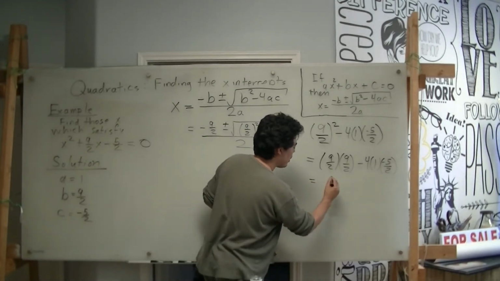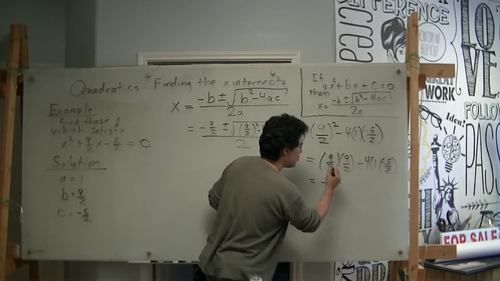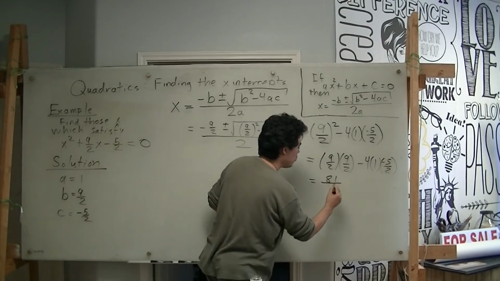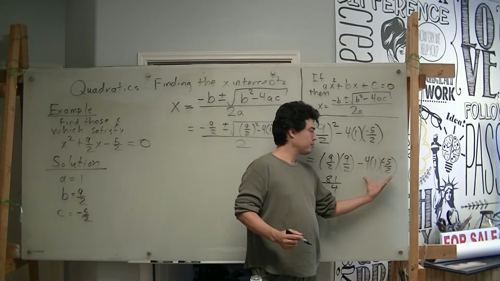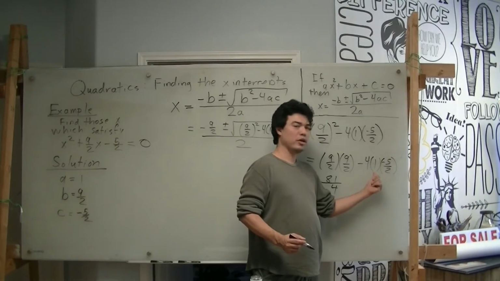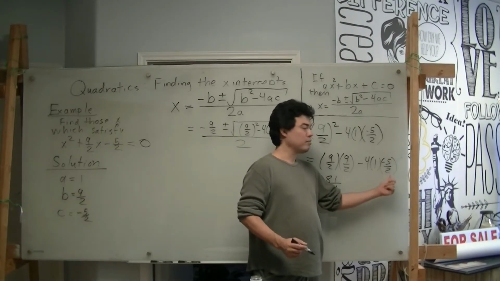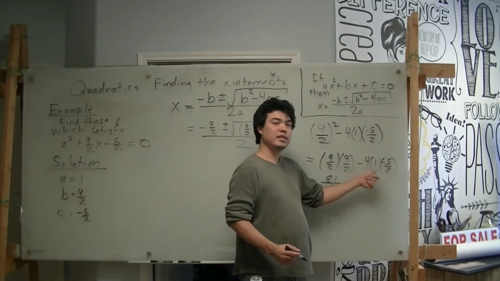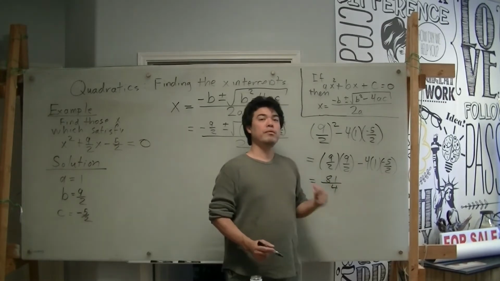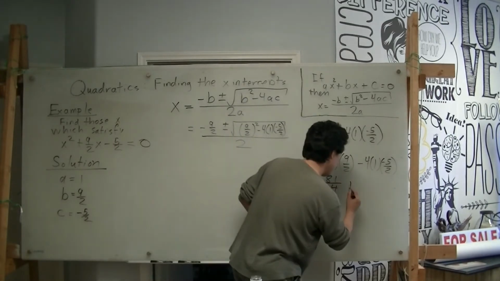So we get left with 81, because that's what 9 times 9 is, over 2 times 2, which is 4. And then over here, let's look at this. 4 times 1 is 4, times negative 5/2 is negative 20/2. So we're going to have minus negative 20/2, which is plus 20/2, like this.